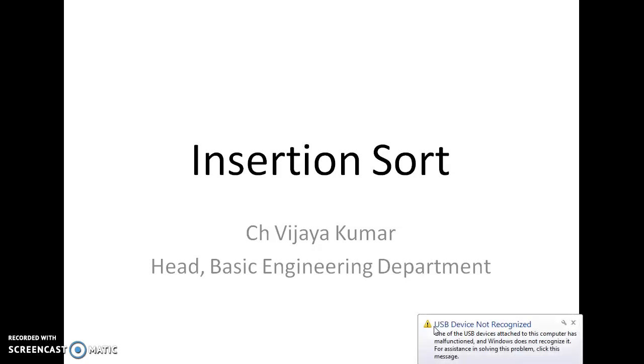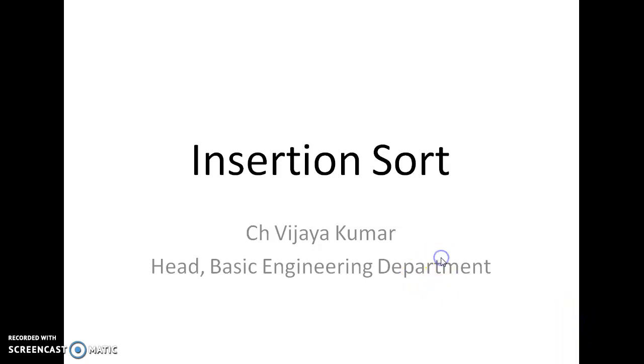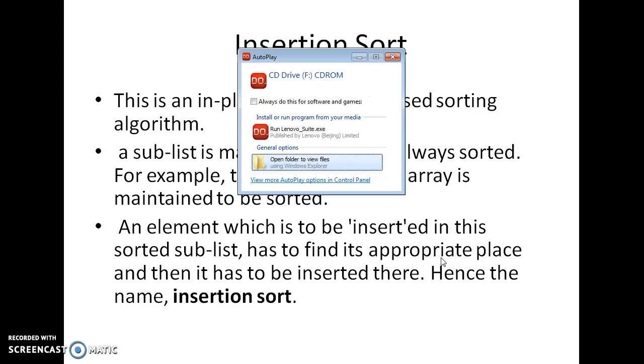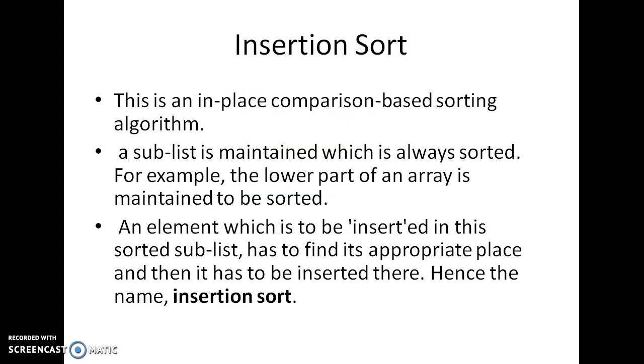The name itself tells that insertion sort is a sorting algorithm which sorts a set of elements by taking one element at a time. It prepares two sublists. One sublist is used for storing the sorted elements. Another sublist is maintained for the unsorted elements.